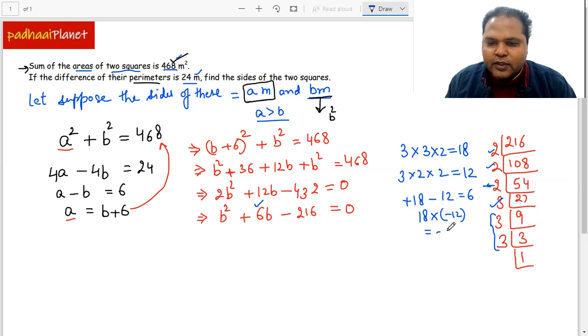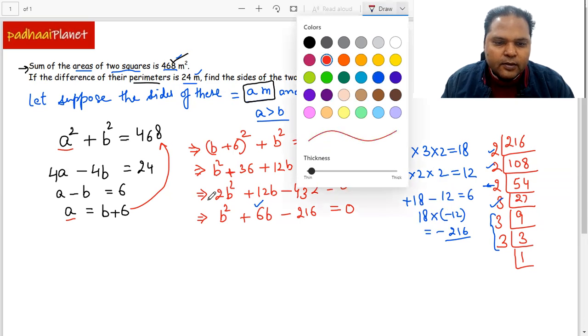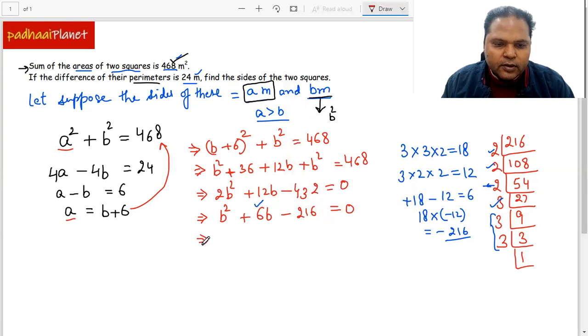So this fulfills both the requirements of the split factor methodology. Now we will use these as splits here. So we will write 18b minus 12b minus 216, and that's equal to 0.